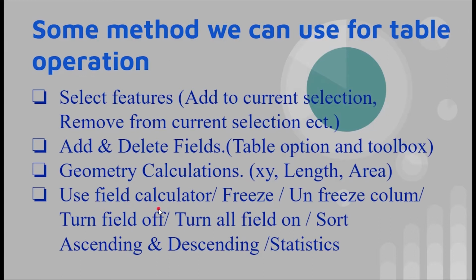We can use this field calculator for various kinds of work. I will explain that. Also, there is freeze and unfreeze column, turn field off and turn field on, and sort ascending and descending methods. Finally, I will explain how to get the statistics from our table.